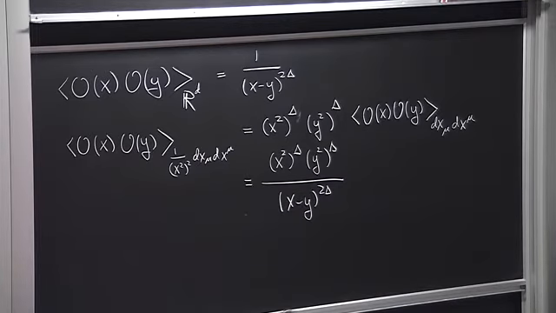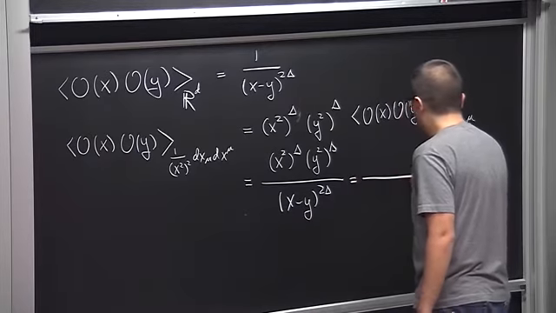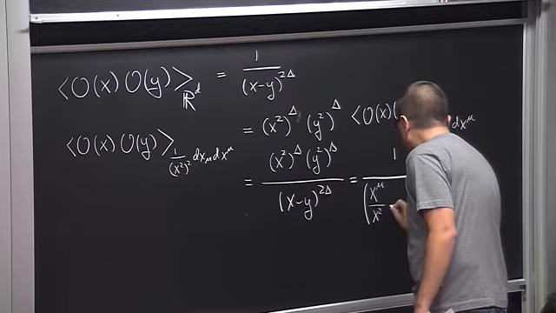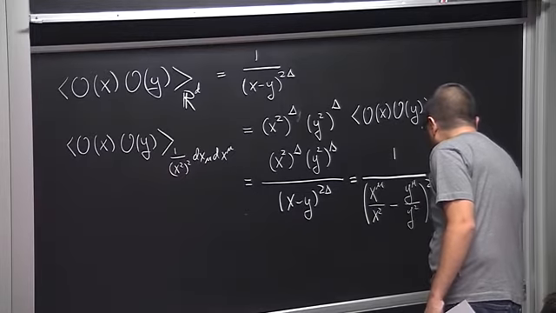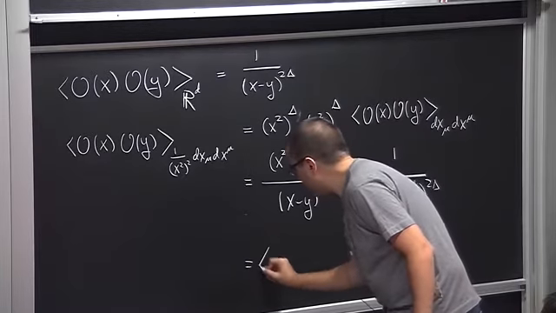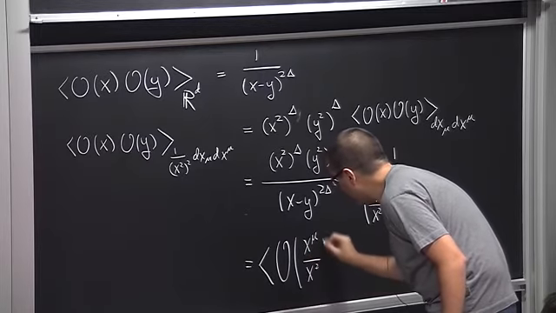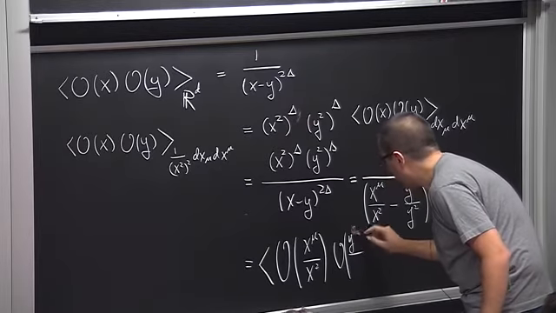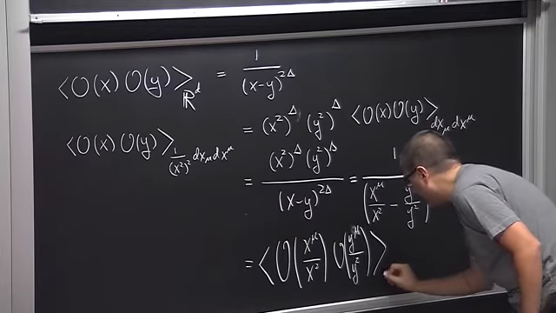This was just the correlator that we had in the beginning, which is nothing but 1 over the following vector, x mu over x squared minus y mu over y squared to the power 2 delta, which is nothing but the correlator of the operator at the point x mu over x squared and another operator at the point y mu over y squared in flat space.